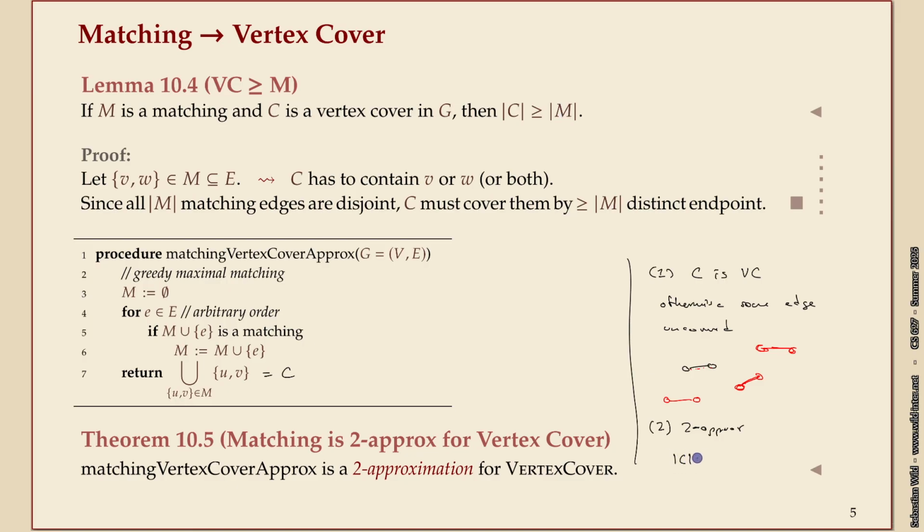So our C is 2 times M, and we know that opt has to be at least M. So you could puzzle together what C divided by opt is: here we have exactly an equality, so it's 2M, and for opt we use the upper bound, so we get 2.